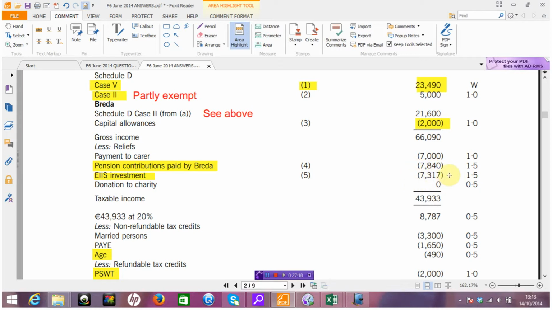Now, we could have done this slightly differently. We could have put a tax credit down here in terms of the tax relief. Let's be clear on what EII is. Really, all that we're doing is saying that this individual has subscribed or purchased some shares in a given entity, and that entity is qualifying EII.